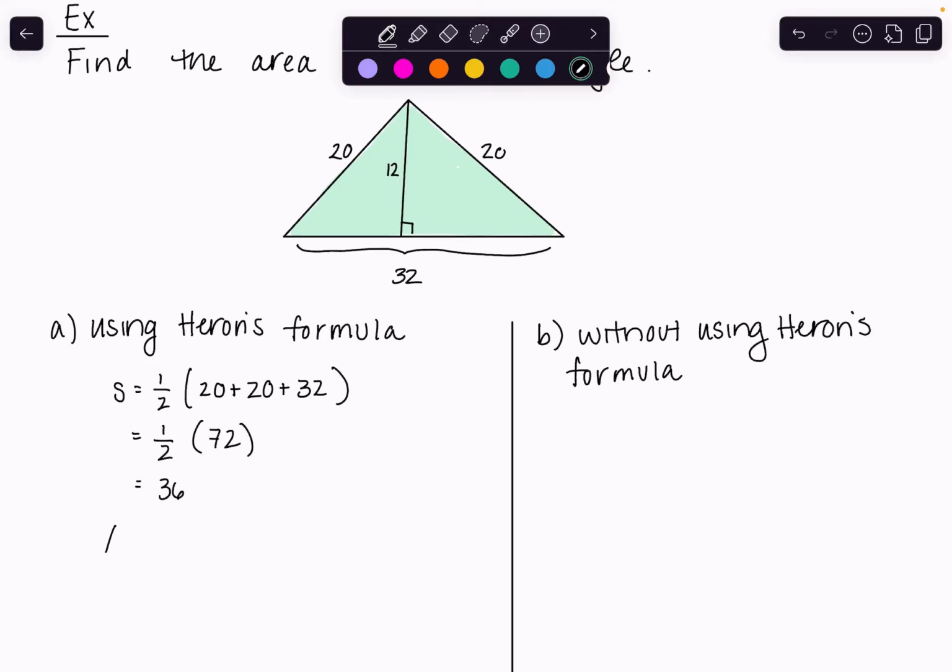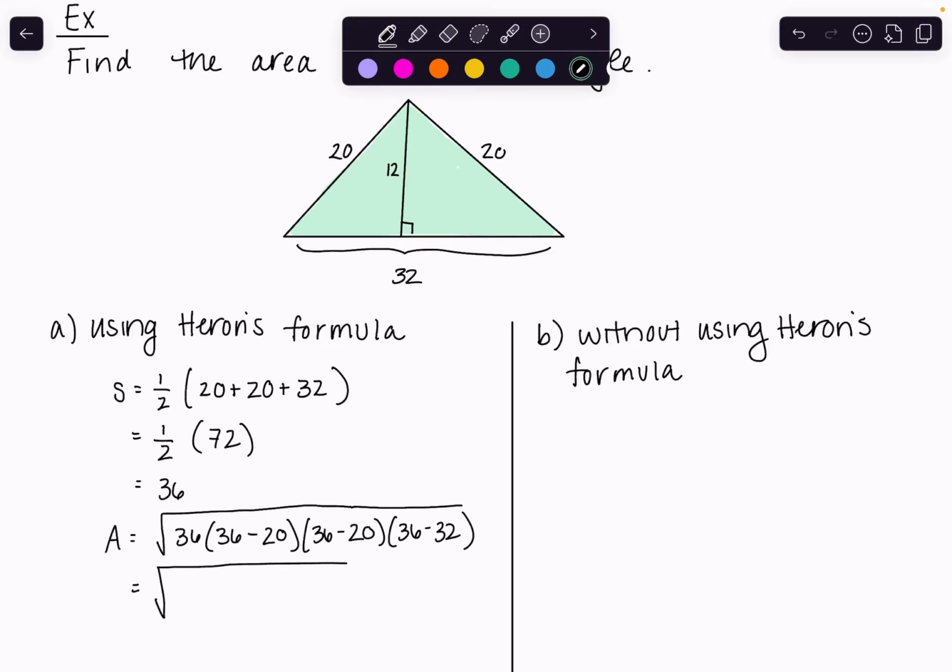So our area is going to be a giant square root. We take the semi-perimeter, then the semi-perimeter minus one side, semi-perimeter minus another side, semi-perimeter minus another side, which is 32. So here, it does happen to work out nicely for this example. 36 minus 20 is 16.